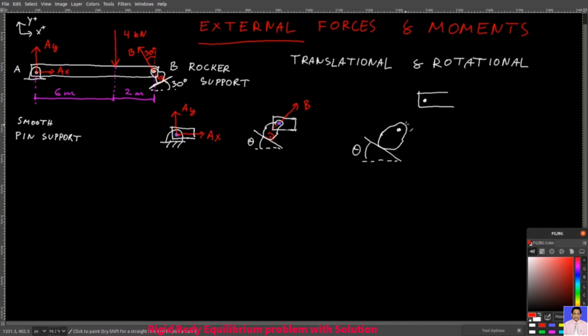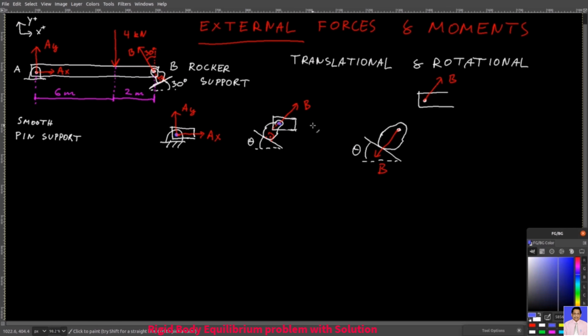And again, you have Newton's third law here. What you put on your free body diagram is what the rocker applies to the beam. And then the beam applies the same force, but in the opposite direction, to the rocker. And there is a reason why a support like the rocker is used.